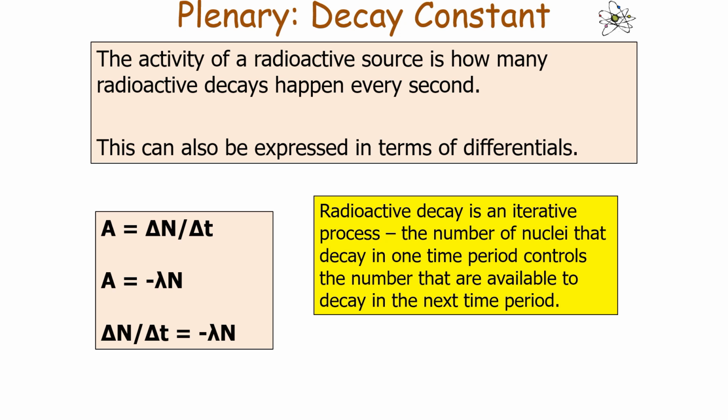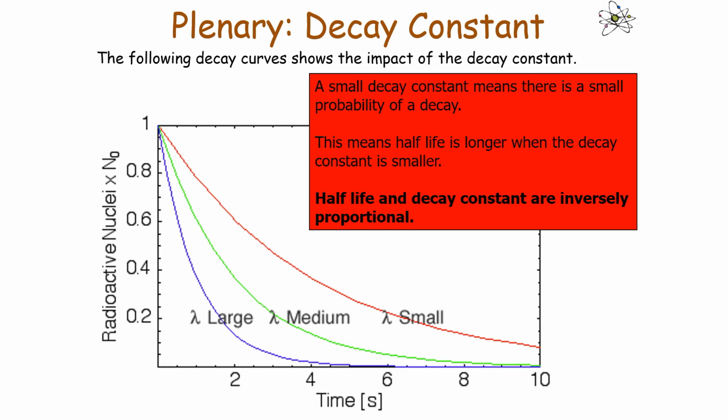So radioactive decay is an iterative process. The number of nuclei that decay in one time period controls the number that are available to decay in the next time period, leading to the equation you can see on the screen. Now we can plot out our decay curves to show the impact of the decay constant. So here you can see the number of radioactive nuclei n on the y-axis and the time t on the x-axis.